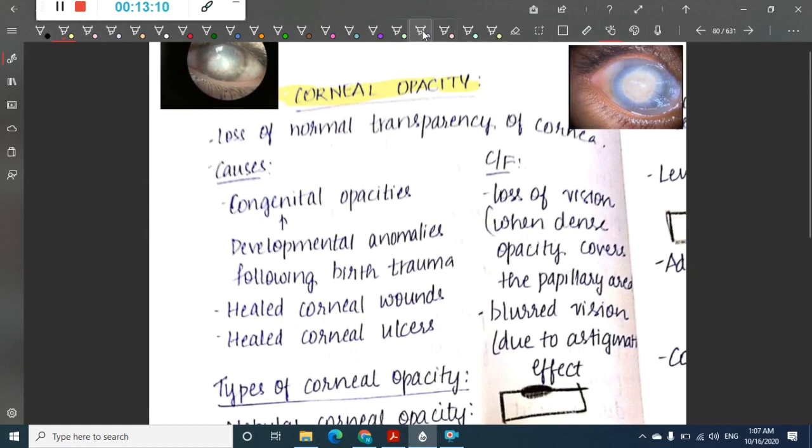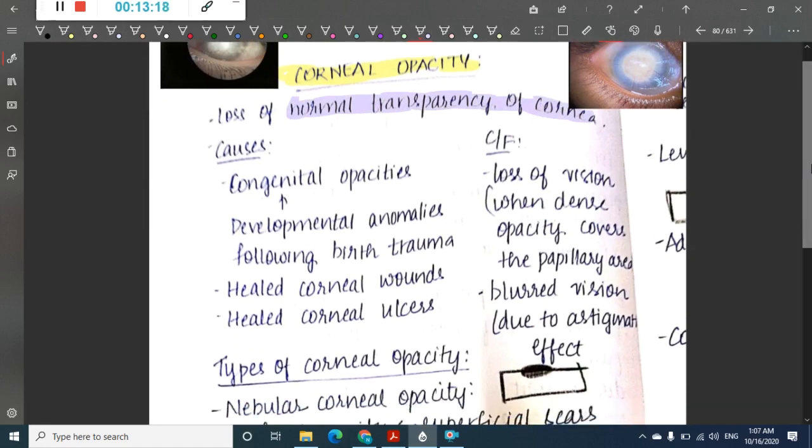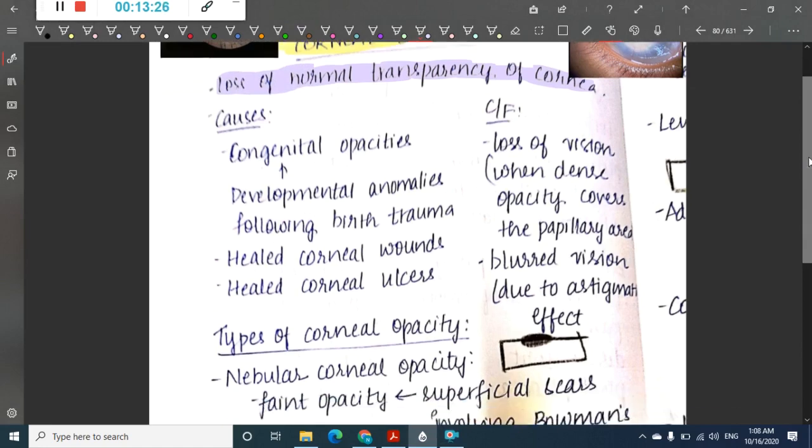So what is corneal opacity? Corneal opacity is loss of normal transparency of the cornea. There are many causes of corneal opacities, like developmental anomalies, birth trauma, healed corneal ulcers or corneal wounds.